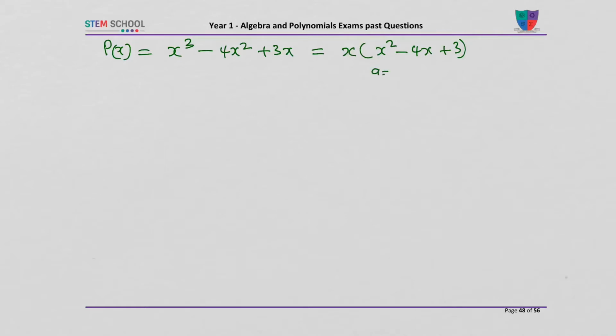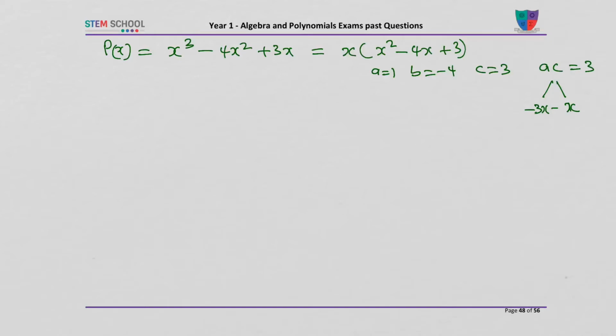A equals 1, B equals minus 4, and C equals 3. Therefore, AC equals 3. Any two numbers I can multiply together to get 3 and add together to get minus 4 are minus 3 and minus 1.